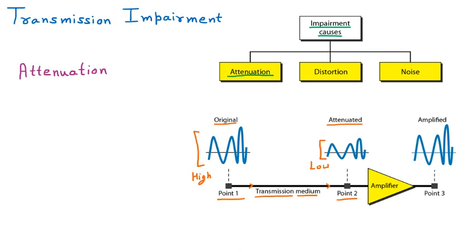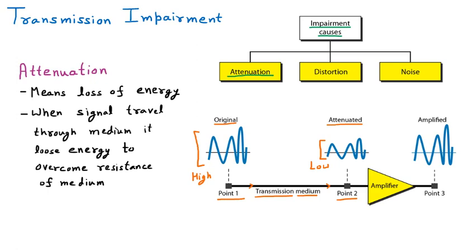Whenever the strength of the signal becomes low, this is called attenuation, or we can say that attenuation means loss of energy. So the signal is going from one location to another, and the energy is reduced. And second, when the signal travels through a medium, it loses energy to overcome the resistance of the medium.